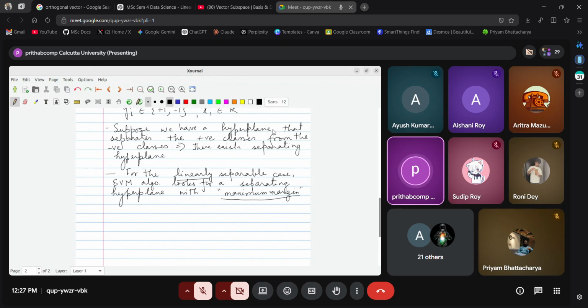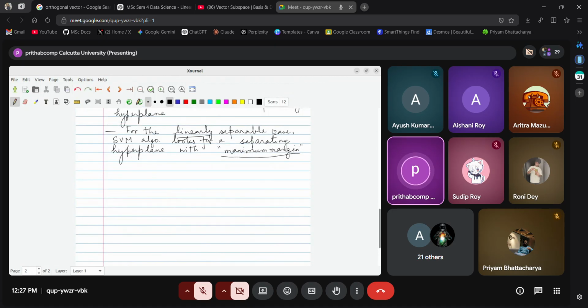Okay, so this is what is important. So it looks for a separating hyperplane with a maximum margin.